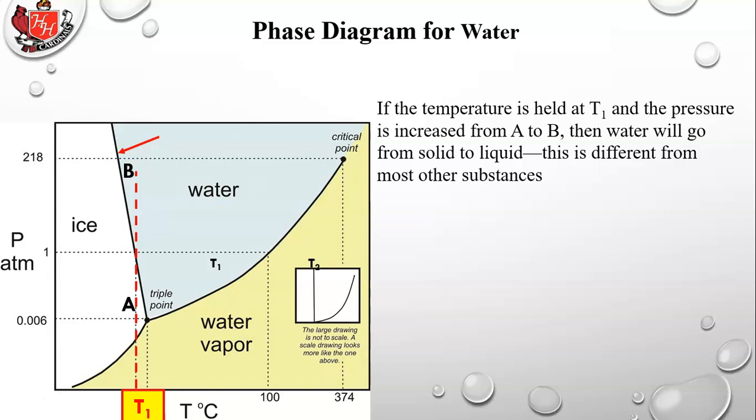But what happens when you increase the pressure? You go from A to B. You start to push those water molecules together harder and harder. They can't have that nice, pretty hexagonal structure, that collapses, and they're forced into becoming liquid water molecules where they're closer together and they can be pushed around each other. So that's what the backward sloping phase diagram here means.